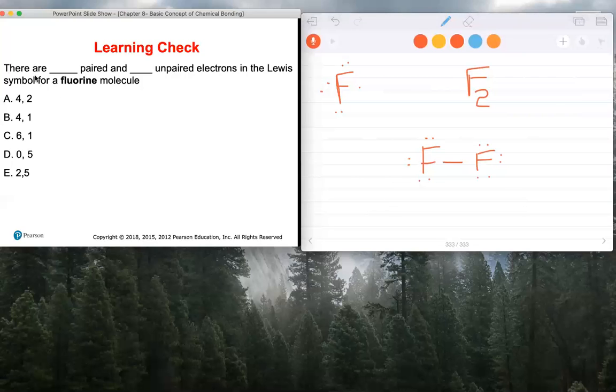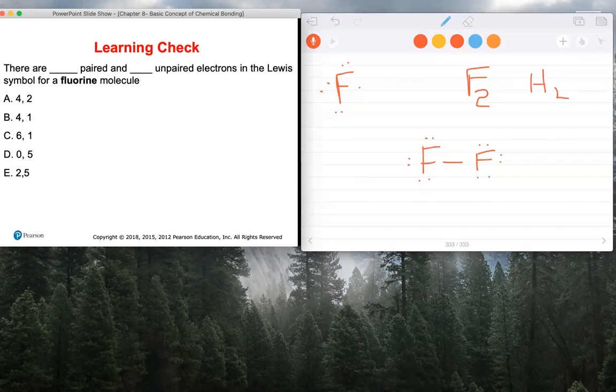For these questions, you are expected to know the difference between an atom and a molecule. The correct answer for this is C.